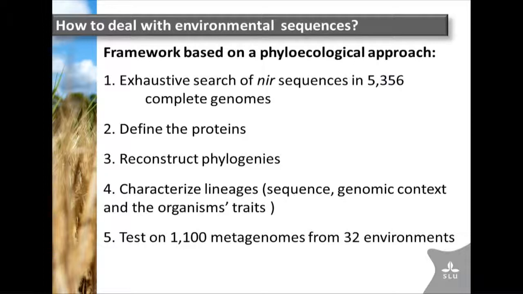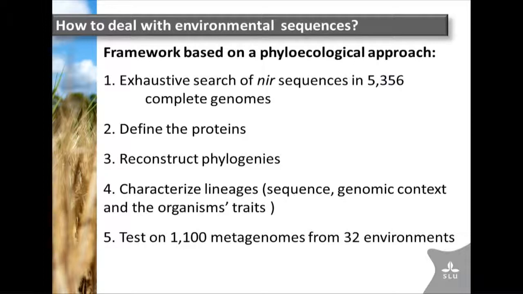So we went back to the databases, because there are so many genomes coming all the time, collected more sequenced genomes, and gathered all the ones that had nir sequences. And then we established a way to define the protein to be able to distinguish the real nir genes from the ones that are not really catalyzing nitrite reduction.